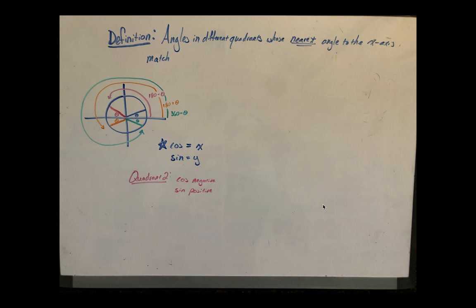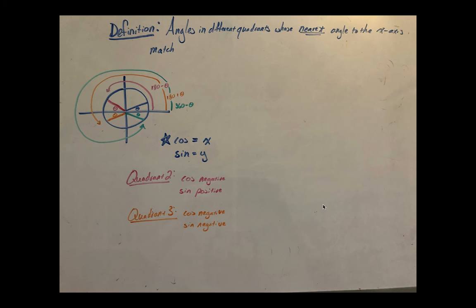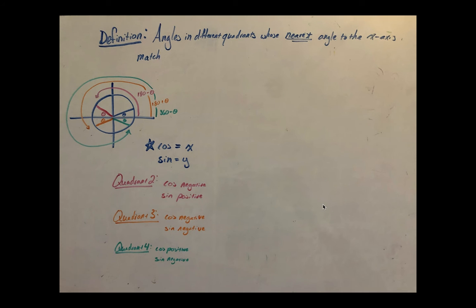It's exactly the same as it was in quadrant one. In quadrant three, cosine and sine are both negative. And in quadrant four, the cosine is positive and the sine is negative. So if we know about the quadrant one family member and we know which quadrant we're in, we can find the sine and the cosine of an angle in any quadrant.